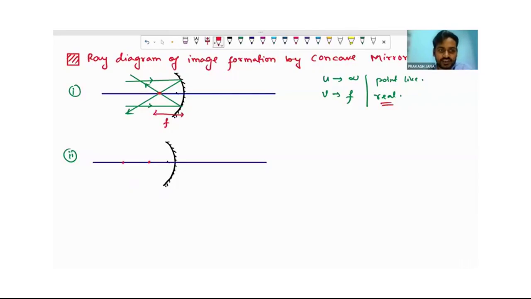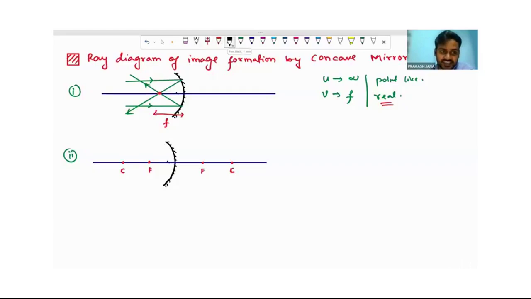Suppose this is 2F; although we do not usually represent it, in case of a mirror it is the center of curvature, so we can write it as C. Here it is F, here it is C. C is the center of curvature.